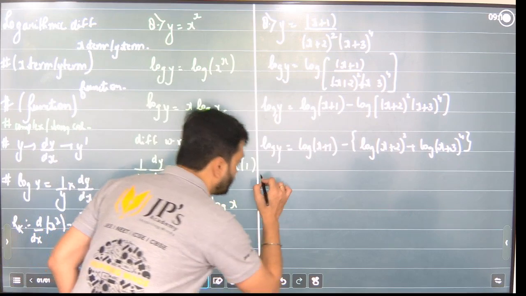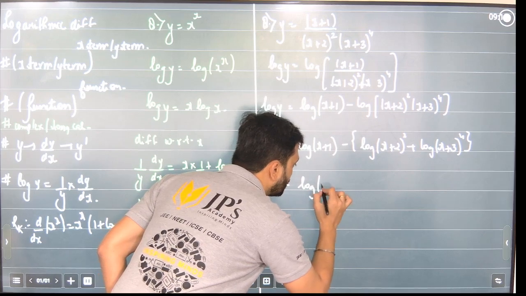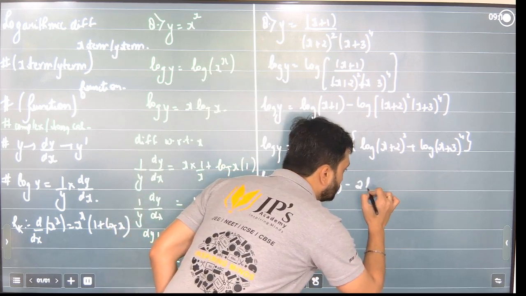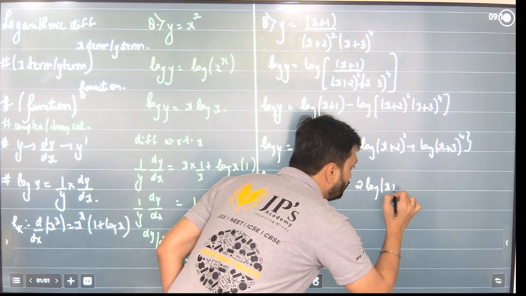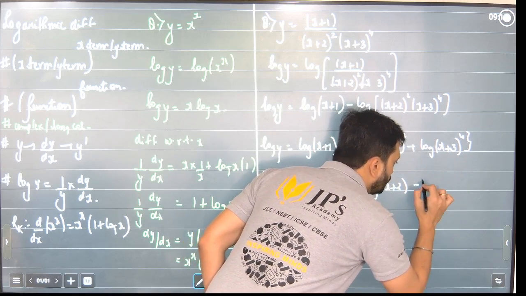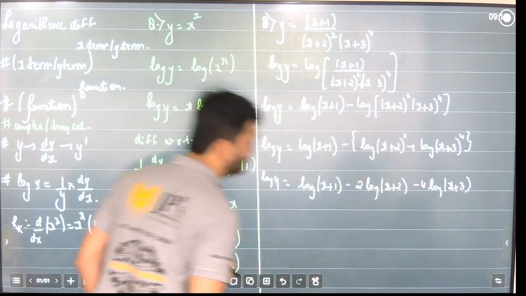Now log y will become log of (x plus 1) minus 2 log of (x plus 2) minus 4 log of (x plus 3).